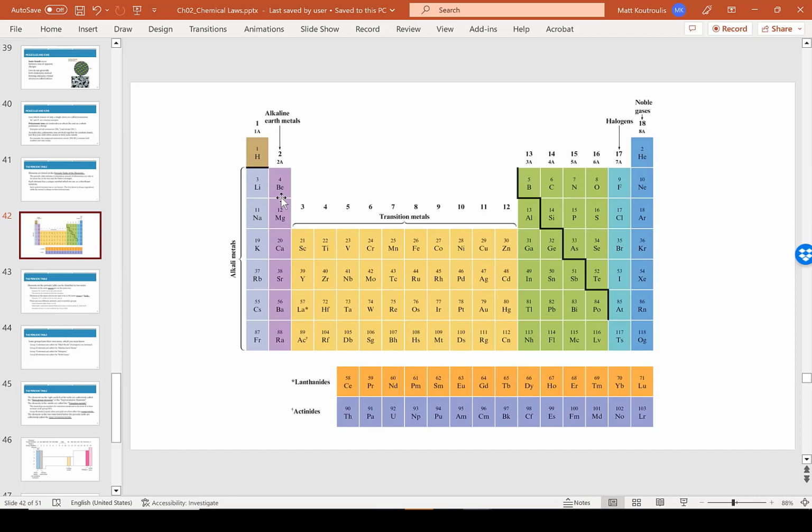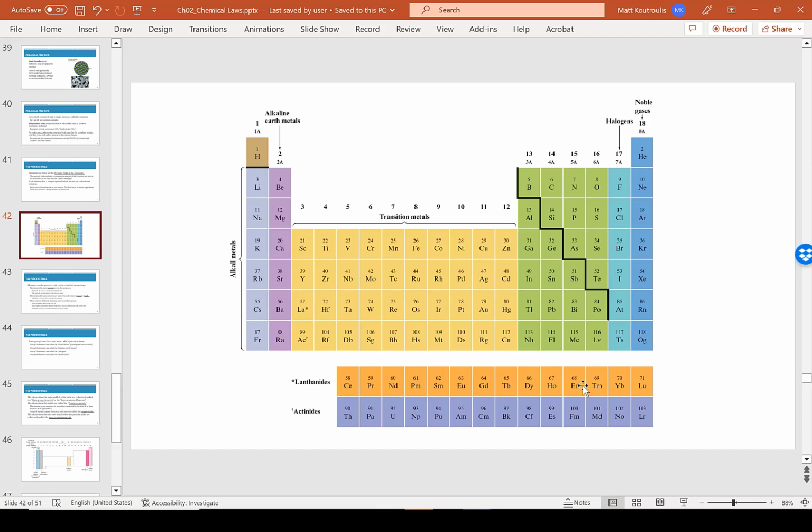They all end in S. So like these all end in S1, these all end in S2, and these guys all end in P's, and these all end in D's, and these all end in F's. Does that sound familiar? So the periodic table tells me that. We'll review that also.